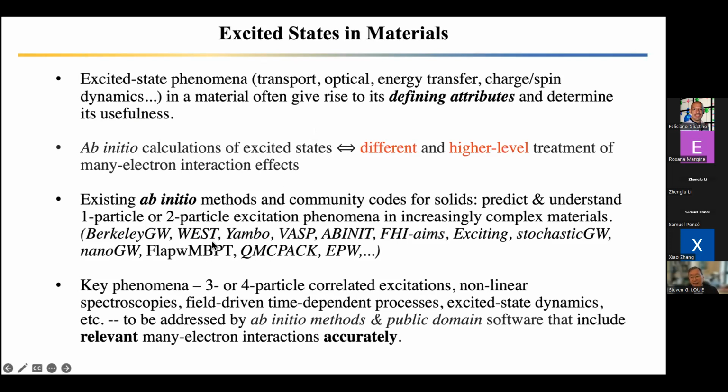Here I listed the names of some of the codes that are available to users in the community. There are, however, key phenomena such as 3 or 4 particle correlated excitations, nonlinear spectroscopies, field-driven processes, and excited state dynamics that still need to be addressed more carefully by ab initio methods and public domain software that includes the relevant many-electron interaction at an accurate enough level.